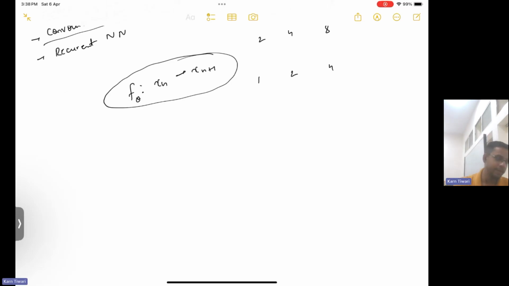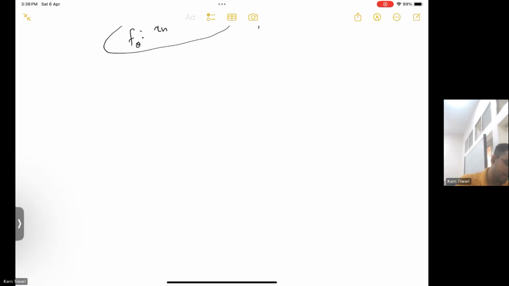So as I mentioned, one very common example for this is auto completion. Okay. So you give how as an input, it should predict the next word as are. If you give are as an input, this is our model f theta, it should predict you. If you give you as an input, it should predict question mark.